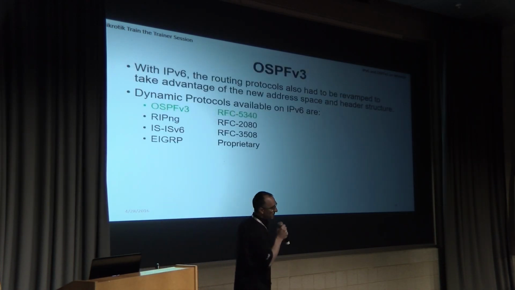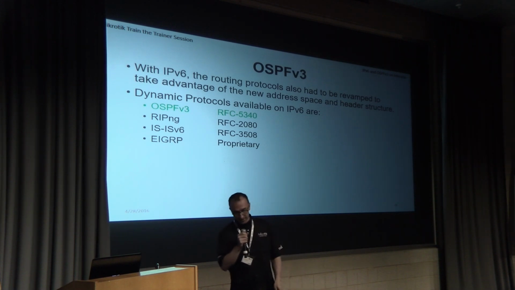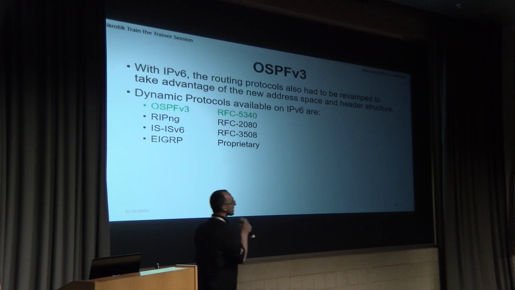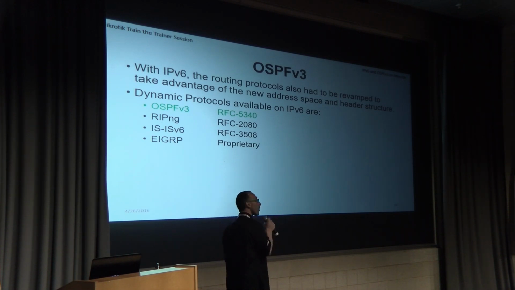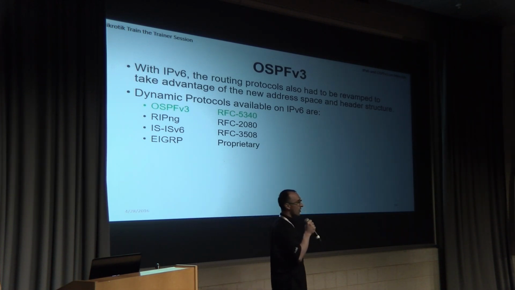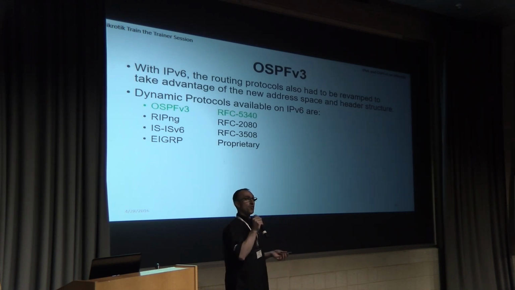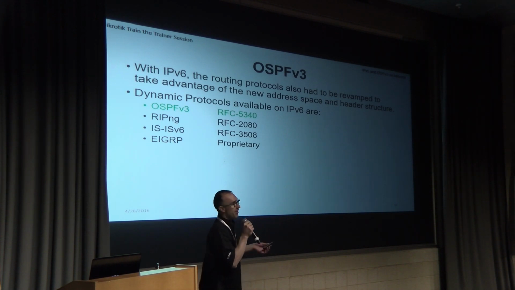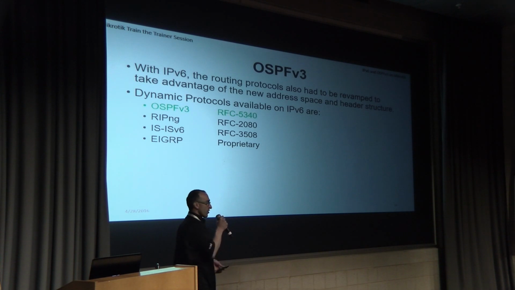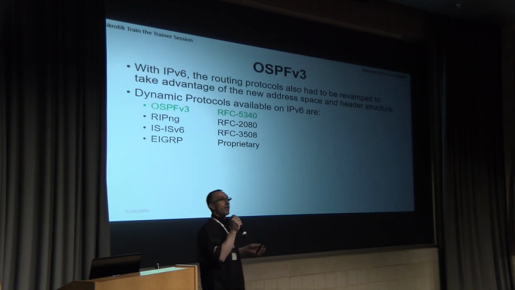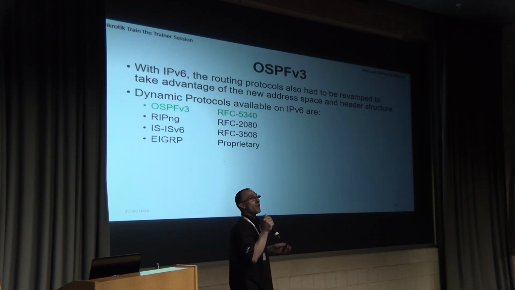IPv6 and OSPF. OSPF, as it's known by many of you, is a dynamic link-state routing protocol. It advertises our networks and helps the packets, as they travel through networks, choose the fastest path: open shortest path first.